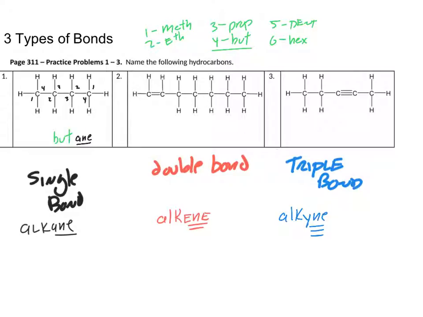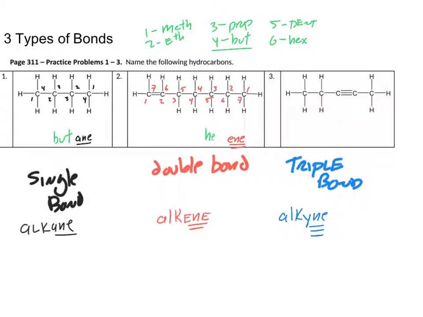And then for the next one, the one with the double bond, I'm going to again number the carbons from left to right. 1, 2, 3, 4, 5, 6, 7, or 1, 2, 3, 4, 5, 6, 7. And so I know there's 2 things I know. One of the things is that it's an alkene, so the ending is going to be ene because of the double bond. And then I know that it's 7 carbons long, and I know that the length of the carbon chain is based on the prefix.